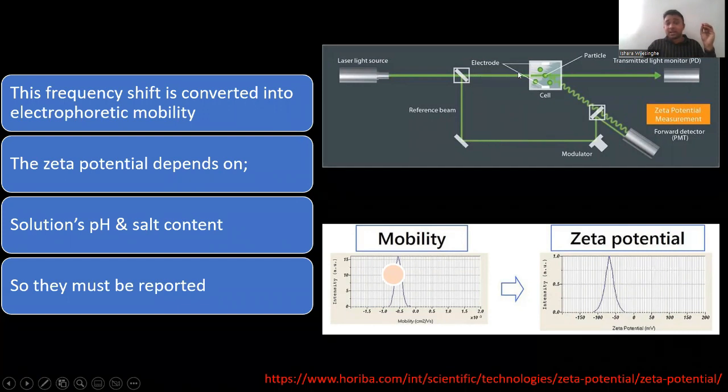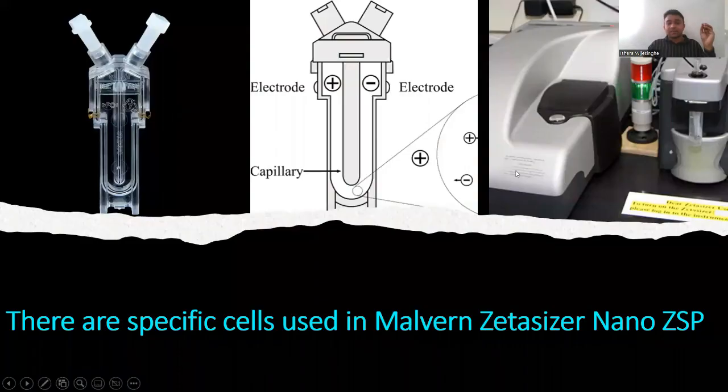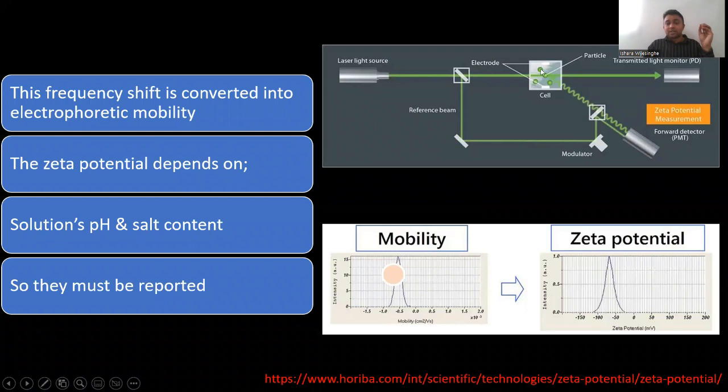Then we can pass this light through our colloidal system. This is the cell. Then the light will pass, and it will indirectly measure the scattering. When light hits the particles, based on the velocity of the particles, this light will scatter into different directions. Based on that scattering, we can convert that frequency shift into electrical mobility.